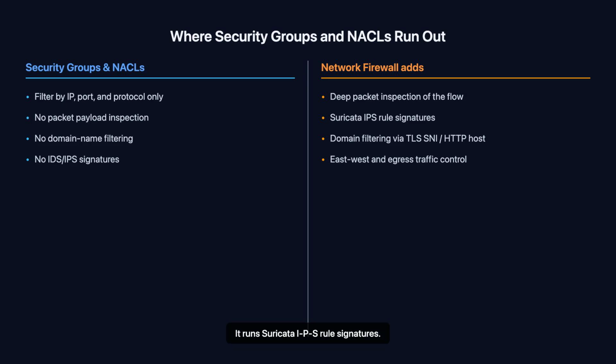It runs Suricata IPS rule signatures. It filters by domain name using the TLS server name or the HTTP host header. And it controls east-west traffic between subnets plus outbound egress. When a question says security groups and NACLs aren't enough, this is the service they're pointing you toward.